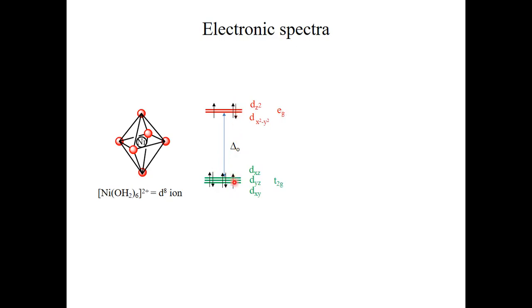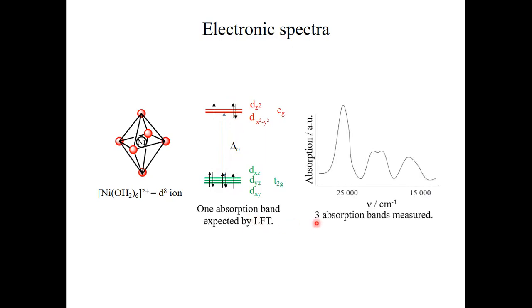Okay, so now how should our spectrum look like? Well, we would actually expect there's only 1 absorption band, because there's only one energy barrier that we need to cross in order to promote an electron from a t2g orbital into an eg orbital. So now we can compare this with the reality. And the reality is, unfortunately, much more complicated.